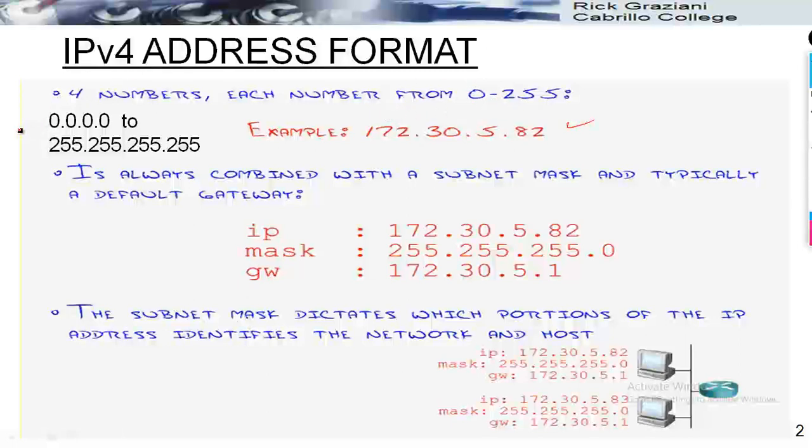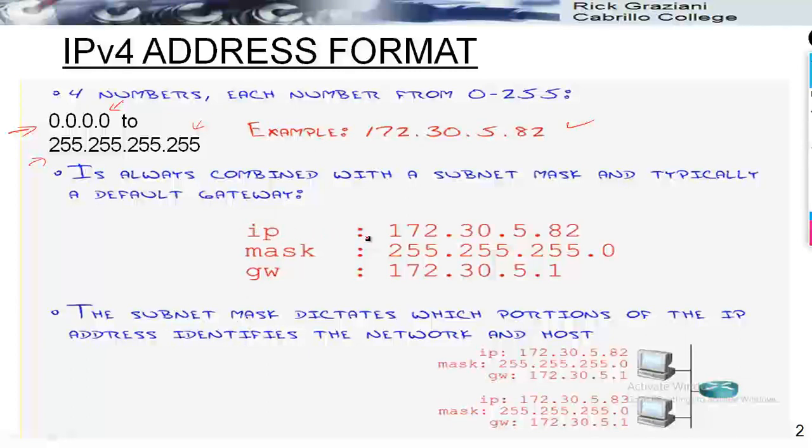So the lowest IP address you can have is 0.0.0.0, and the highest you can have is that, yeah. And we cannot assign this to a machine, and this we cannot assign either. So I think we know the format of IP addresses.